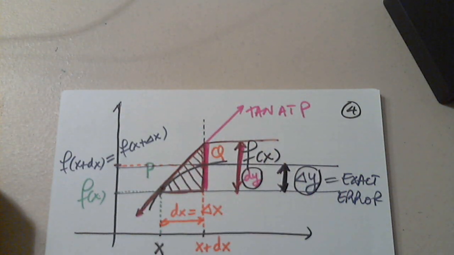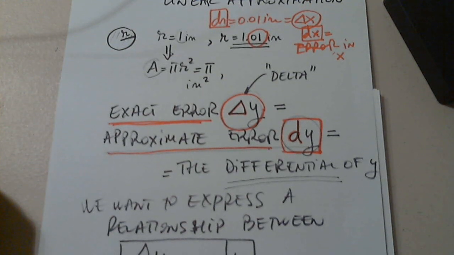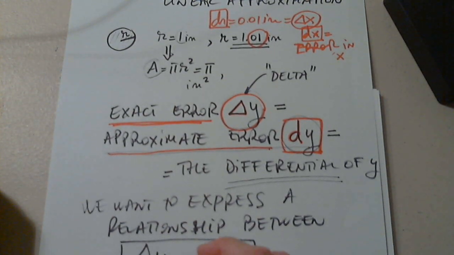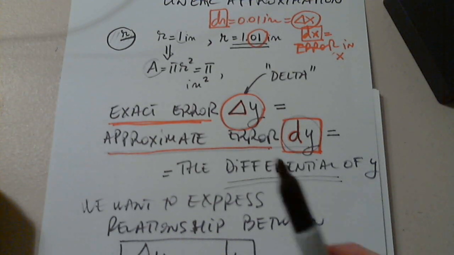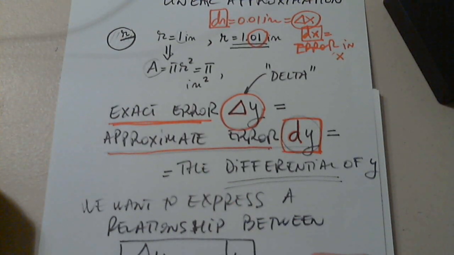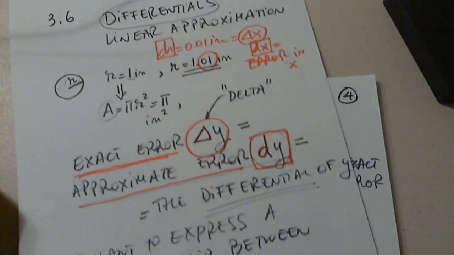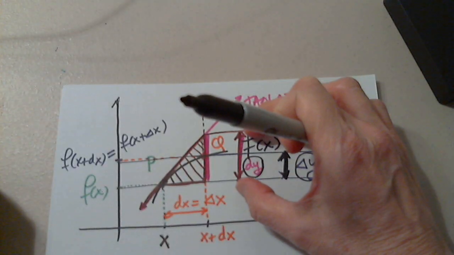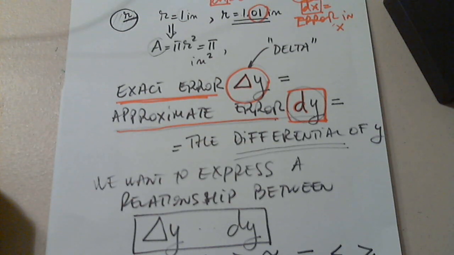So then, this is our discovery. What should I put here? That expresses a relationship between the exact error and the approximate error. And these are our possibilities.